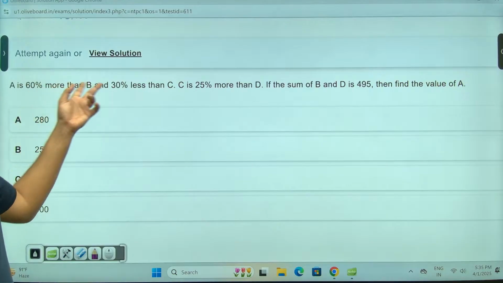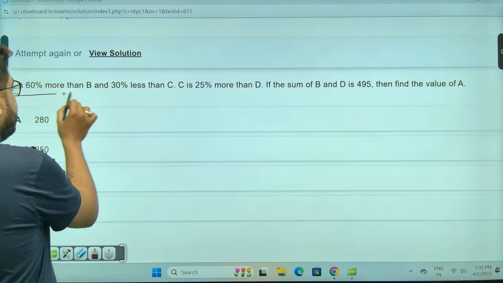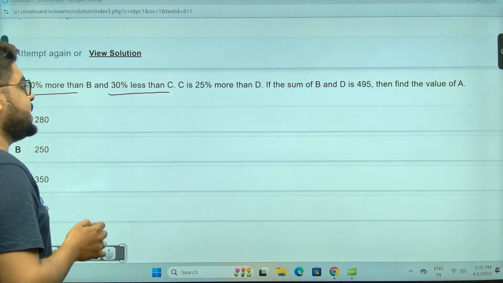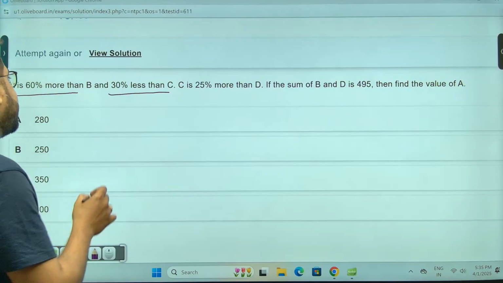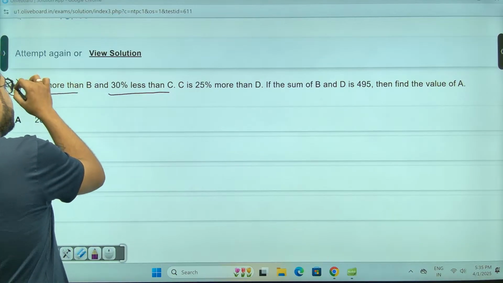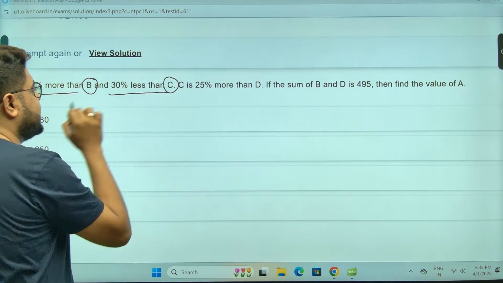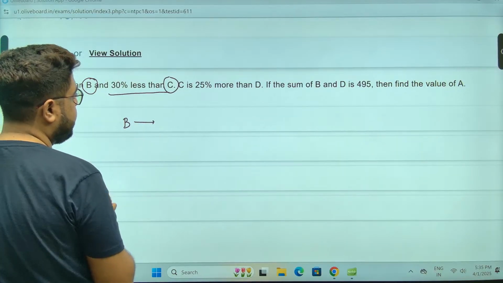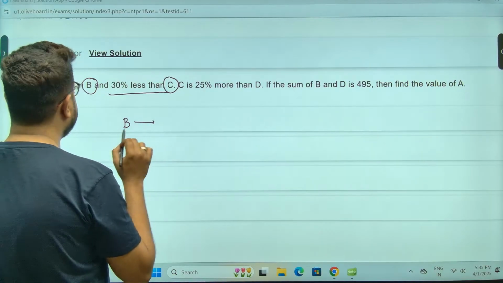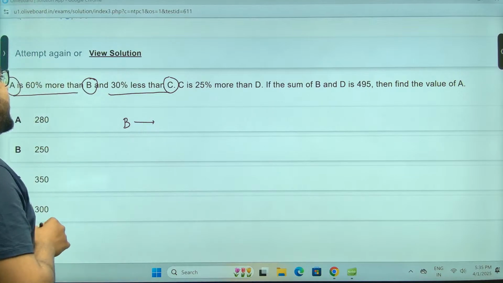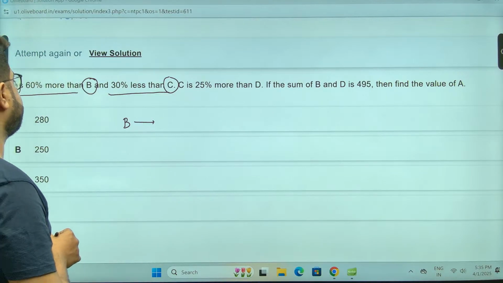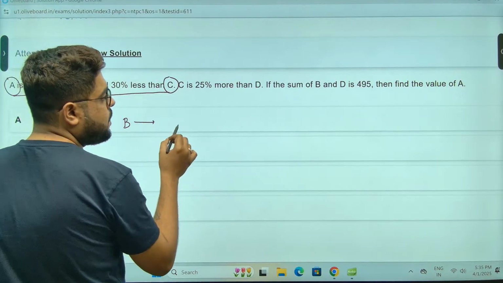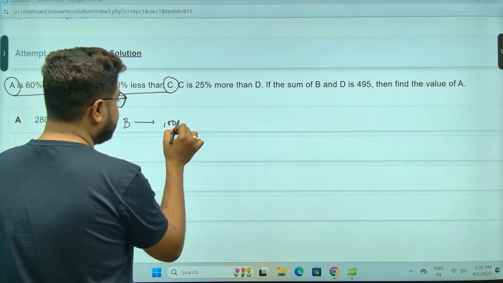Sir, A is 60% more than B, 30% less than C. So A is related to B as well as C. Let's do one thing. B I am taking, sir, 100x.